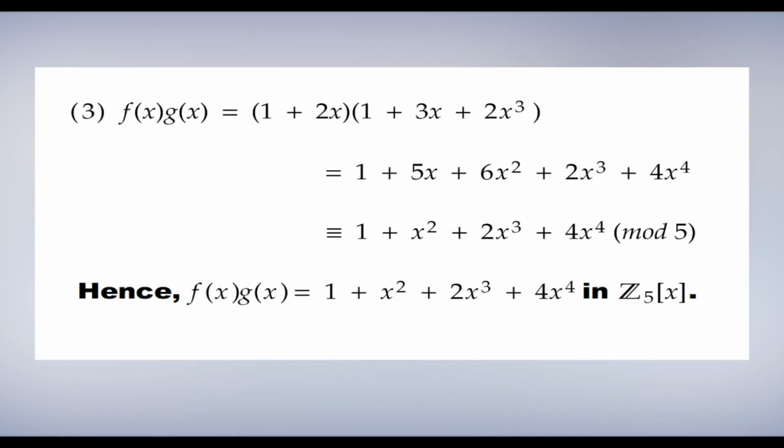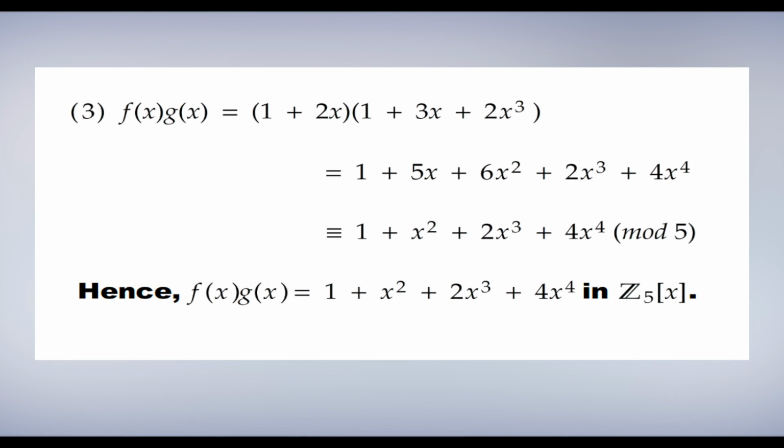Next we compute the third problem. f(x)g(x) = (1 + 2x)(1 + 3x + 2x^3) = 1 + 5x + 6x^2 + 2x^3 + 4x^4 = 1 + x^2, and the 5x we are applying mod 5. Already we have seen that.